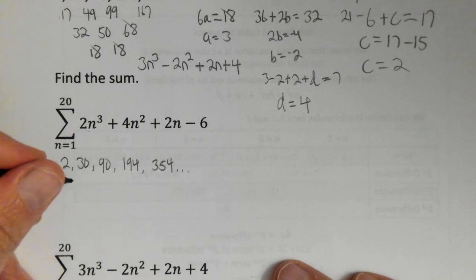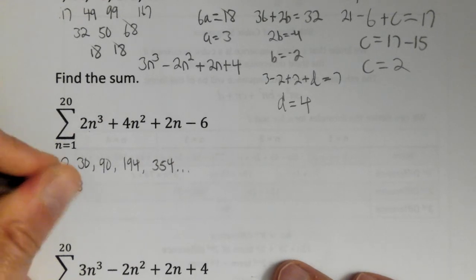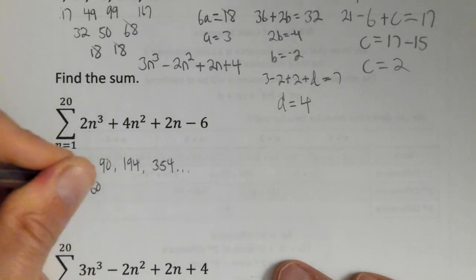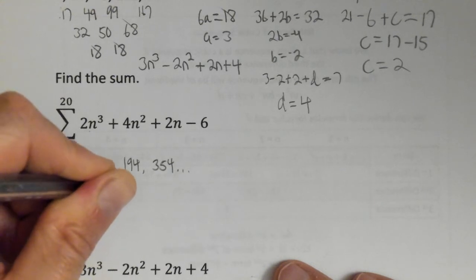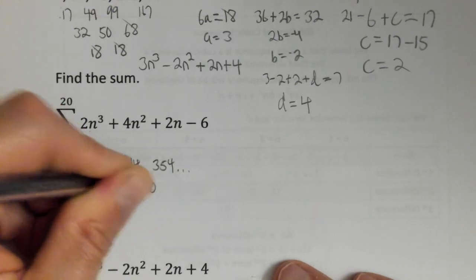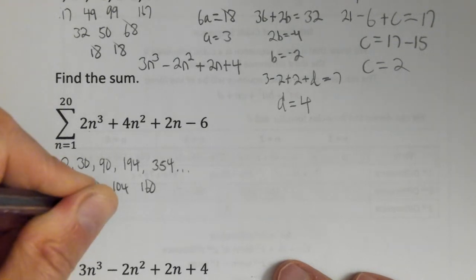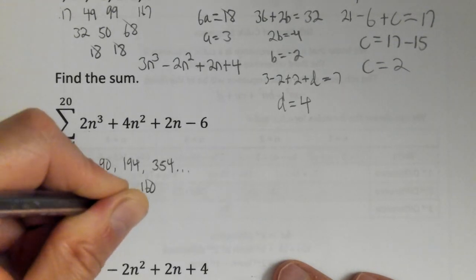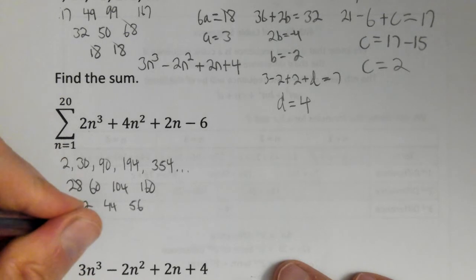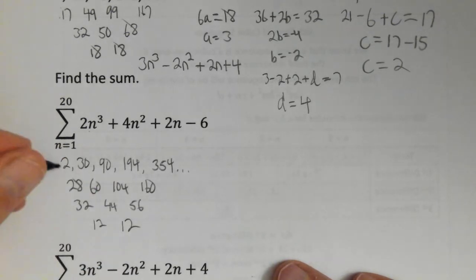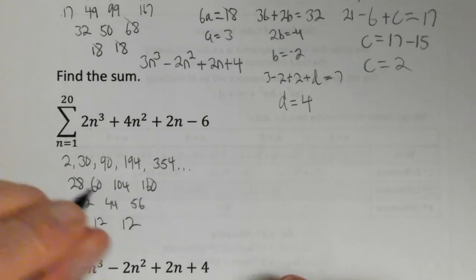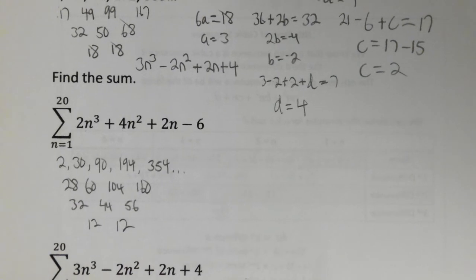And of course my differences still hold here because I've already calculated those. 60, 104, 160, again 32, 44, 56, and 12 and 12. So these numbers along here are going to be the ones that we're going to pull into the formula.